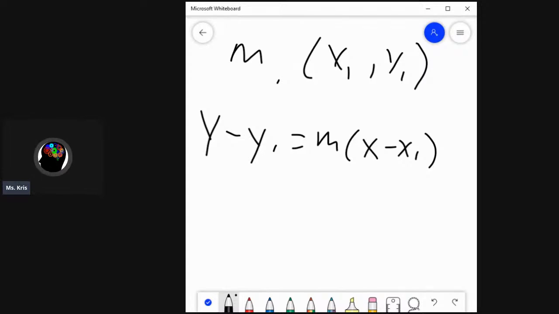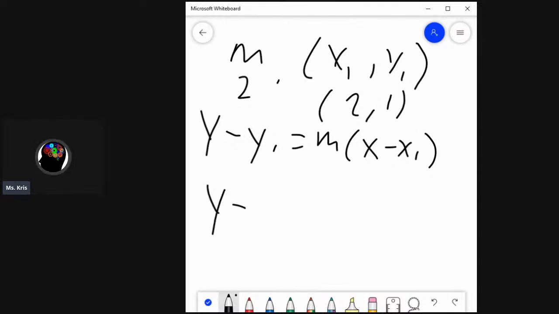So, say for instance, I have the point 2, 1, and my slope is 2. All you have to do with the slope and the point is substitute, or just change the slope, the x1, the y1 to its respective numbers.